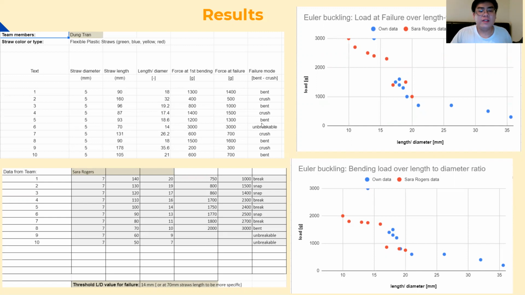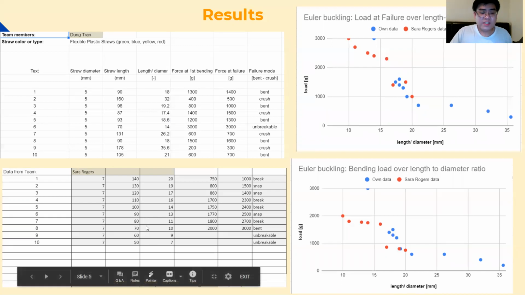From what I noticed in my data, at a diameter of 40 millimeters or 70 millimeters in length, my bone is impossible to break. Any length higher than 70 millimeters breaks easily, and vice versa. Below 70 millimeters is impossible to break.